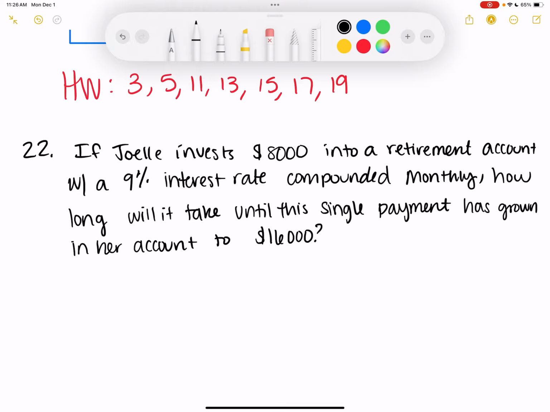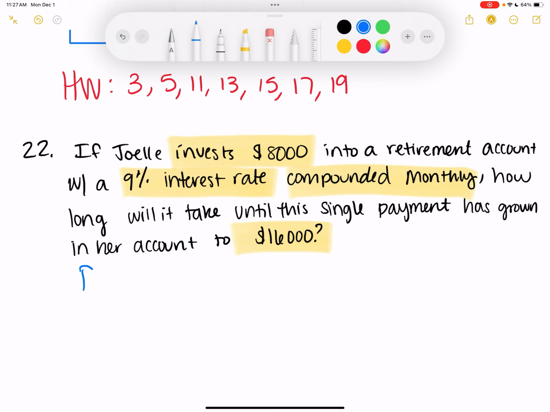All right, so the big difference here is they're not just telling you R is equal to this, P is equal to this, whatever. You're going to have to take what it says and figure out what situation we're dealing with. So if that means highlighting for you, do that. We have an initial investment of $8,000, a 9% interest rate compounded monthly, and I want to know when it's going to hit $16,000. So I would write down what each of my variables are.